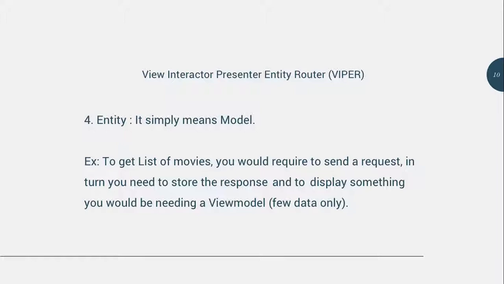But if you get the response, it's a big chunk of data, and you need only something. So to display what you need, you'll need a view model. A view model would only take a few data. It can take the whole chunk of data, but a view model would only take what is required to be displayed. That's it.